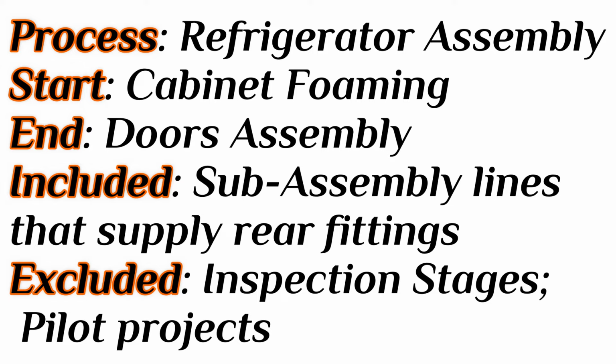All the sub assembly lines that are feeding the rear part. And what is excluded? All inspection stages in between are excluded, and so on. So this is how you have to do the project scoping.